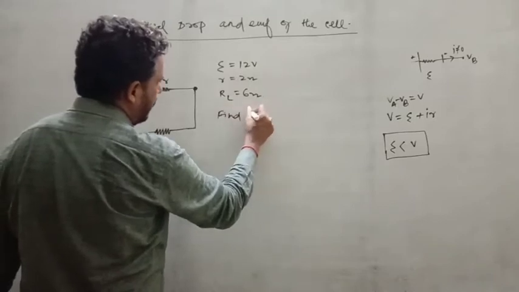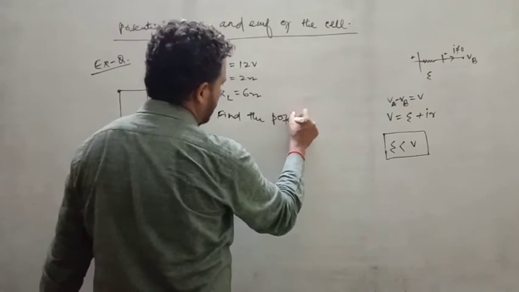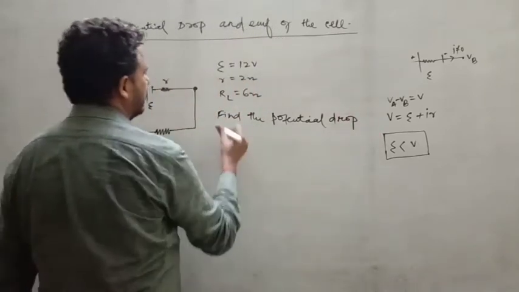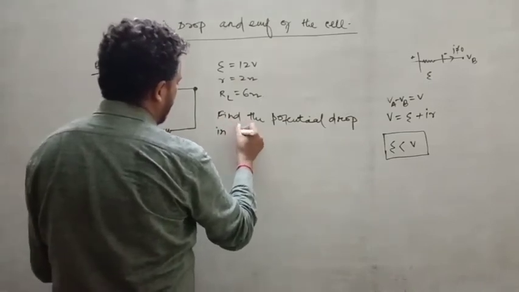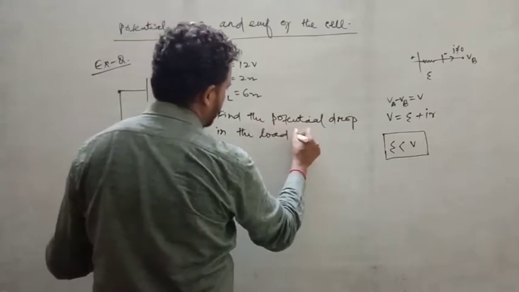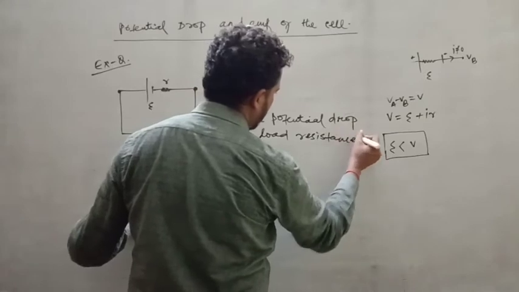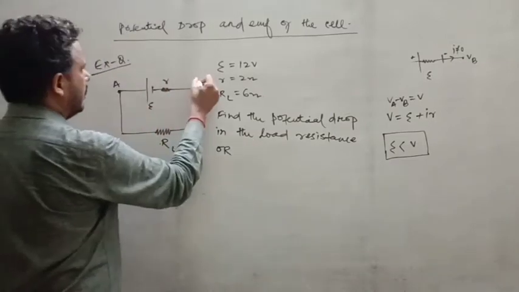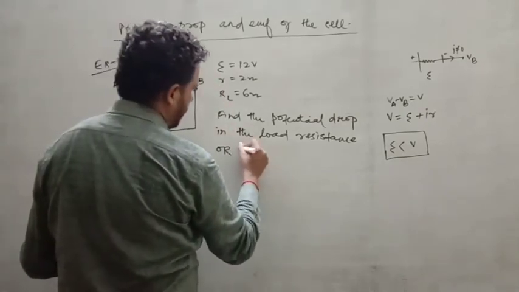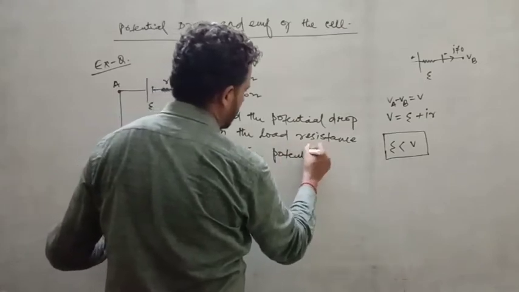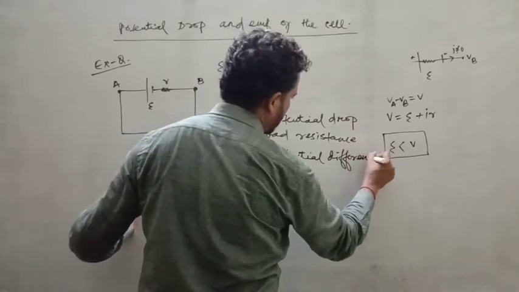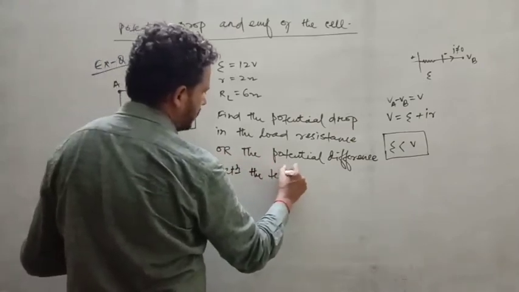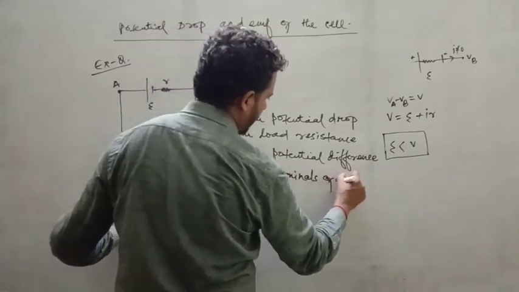find the potential drop in the load resistance, or the potential difference between the terminals of an EMF.